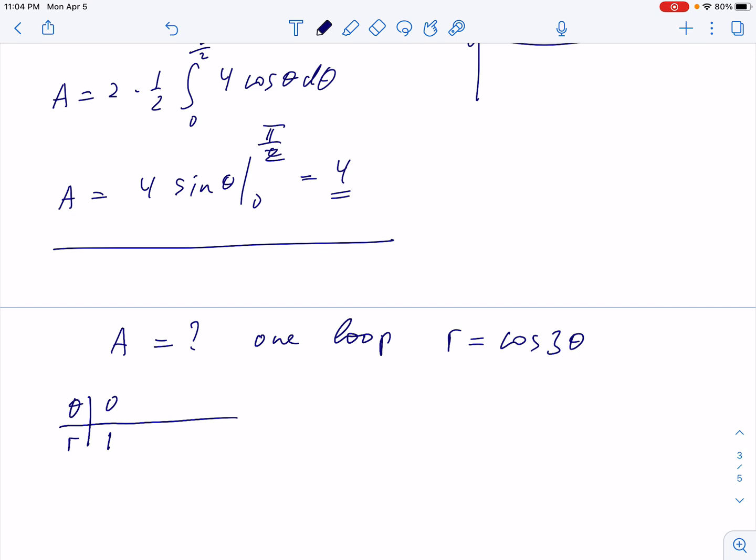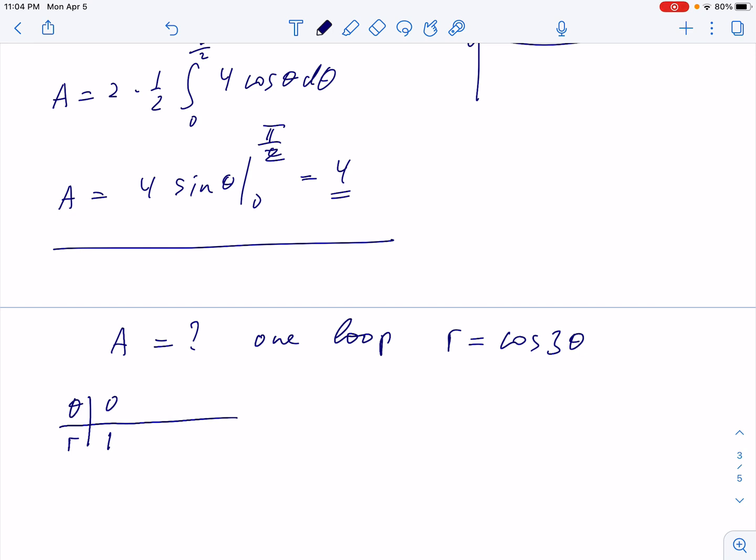Then our regular increment is pi over 2, but look here, when you take theta pi over 2, we'll jump directly to 3 pi over 2. So we have to follow important parts on the graph. Important parts are when cosine is 0, cosine is 1. And the next step after 0 will be when 3 theta is pi over 2.